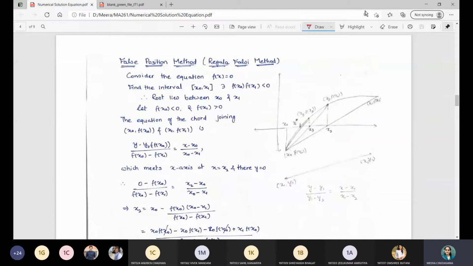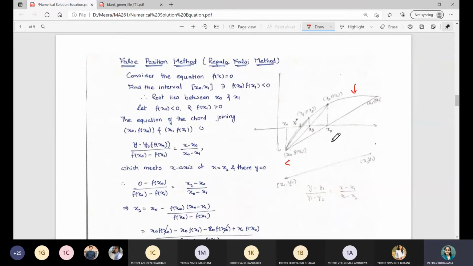After that, we considered the regula-falsi method, the method of false position. Suppose we are given a continuous function on the interval x0 to x1, where at x0 the function value is negative and at x1 the function value is positive.